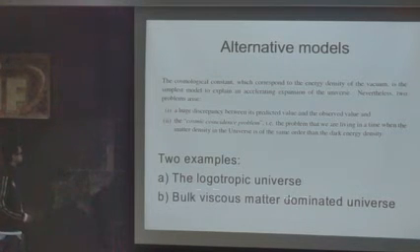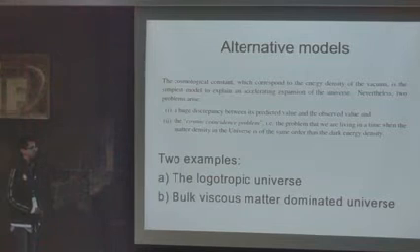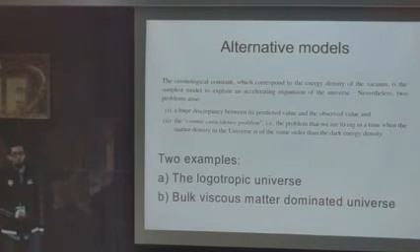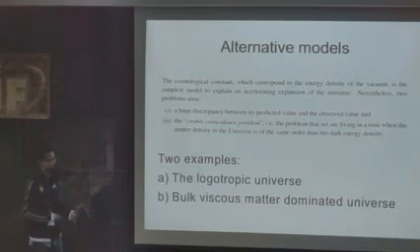So for instance, one of these is called the logotropic universe, or another is, for instance, a bulk viscous matter dominated universe. The idea of this model is essentially you don't have a cosmological constant. Essentially what you have is a dark matter dominated universe, so all the dark part of the universe is dark matter.